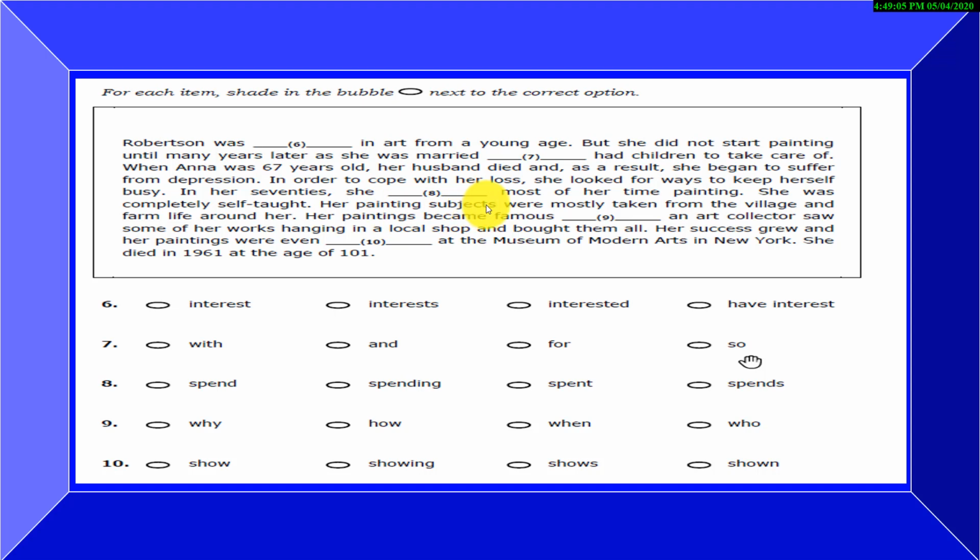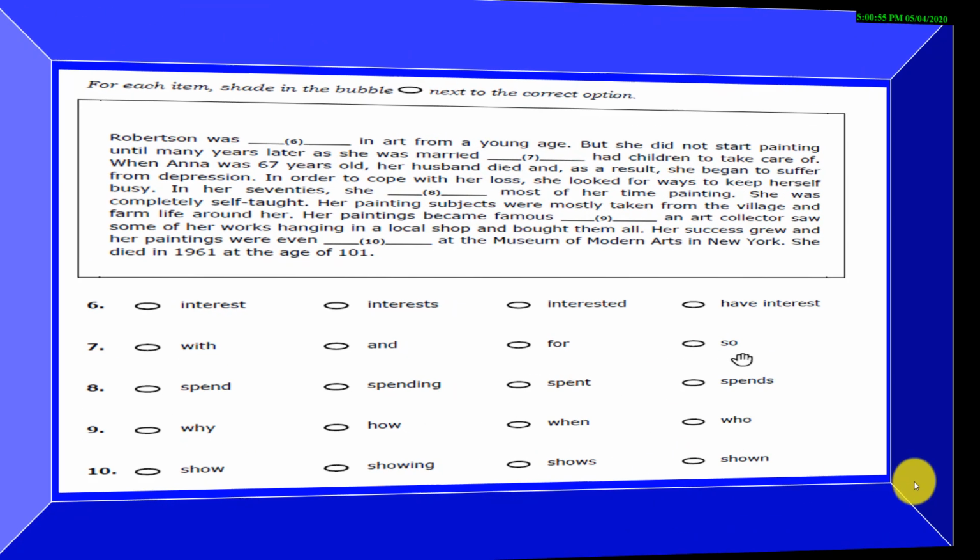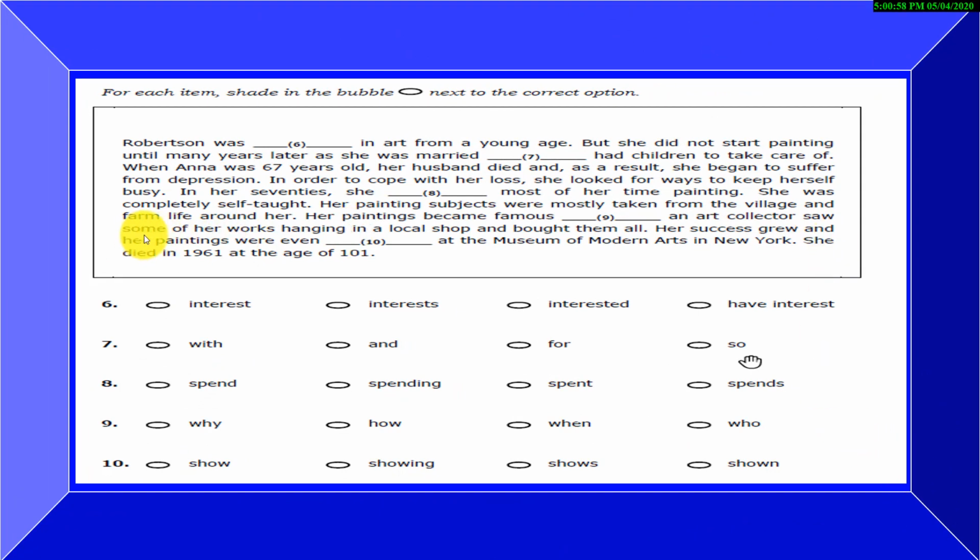Her painting subjects were mostly taken from the village, and farm life around her. Her paintings became famous. Dash, an art collector, saw some of her works hanging in a local shop. So, her paintings became famous. Why, or how, or when, or who?